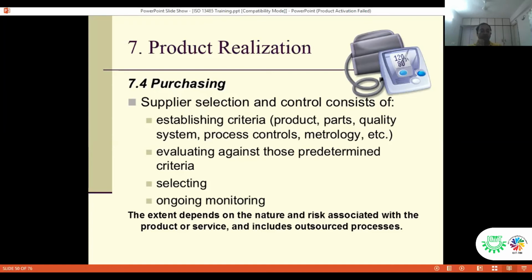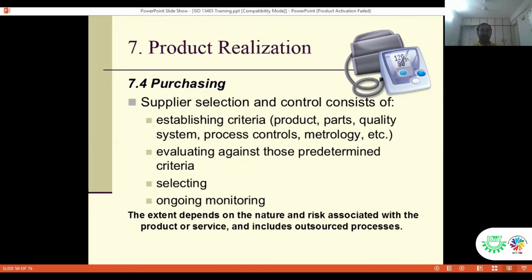Each and every supplier, suppose you are a supplier of raw material, supplier of servicing, supplier of any support services, you must have well-defined criteria for the evaluation of your supplier or outsourcing company or procedure. And accordingly, you have to evaluate it.